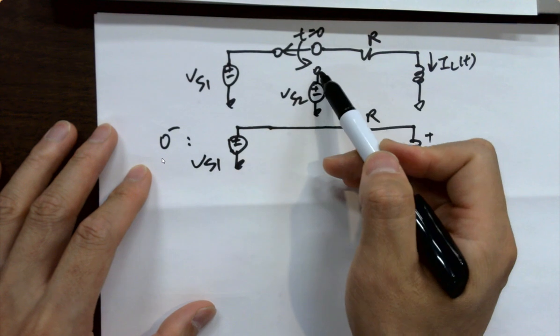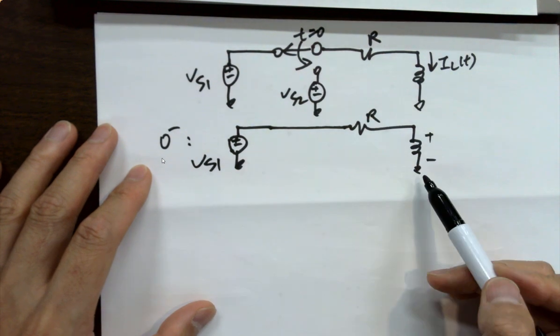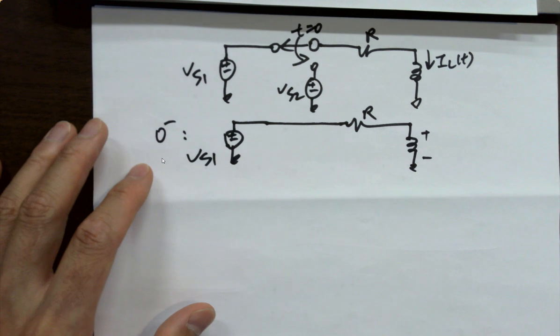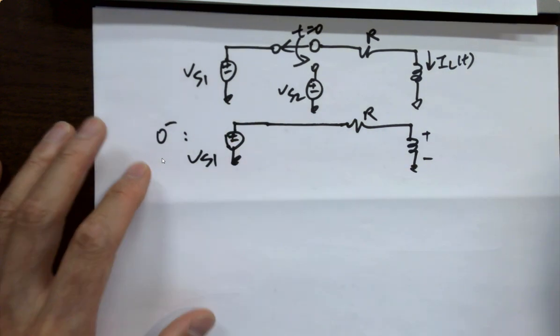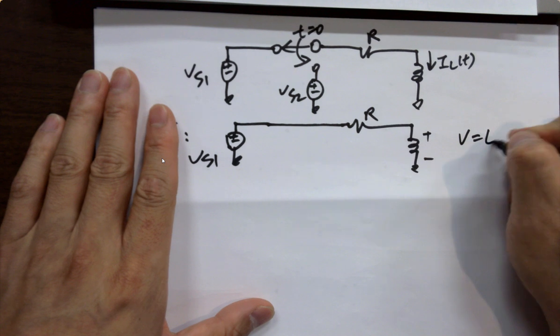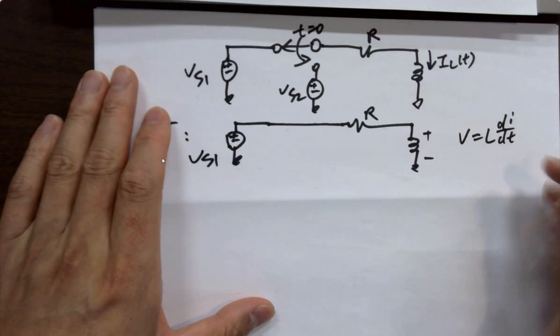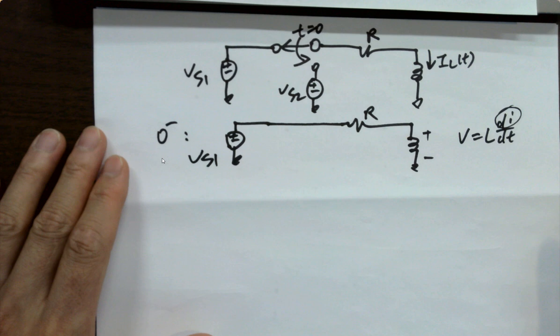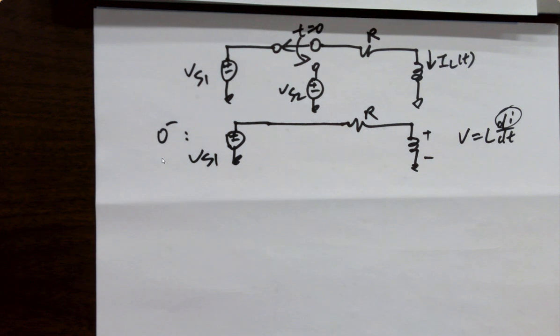Before you switch it here, it's been there for a long time. Inductor is a coil, just a coil. If it's not changing, V equals what? If i is not changing, no voltage, right?